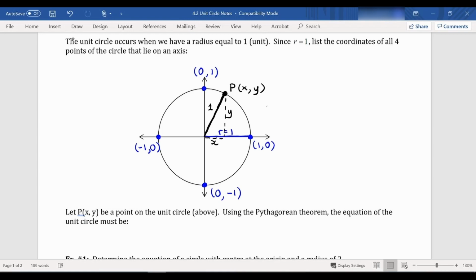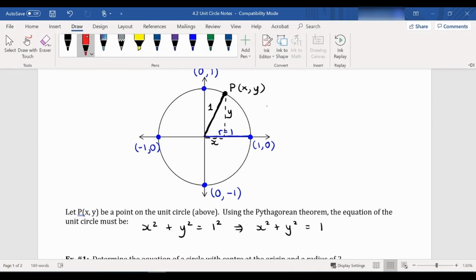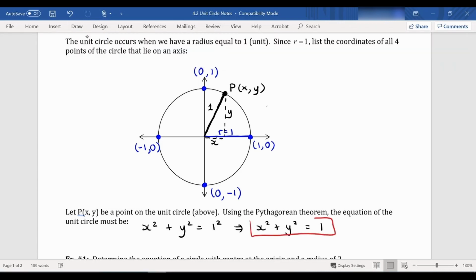So by Pythagorean theorem, I know that x squared plus y squared must equal 1 squared, or x squared plus y squared equals 1. This is considered the equation of this circle, or the equation of the unit circle. And this will work for any radius.